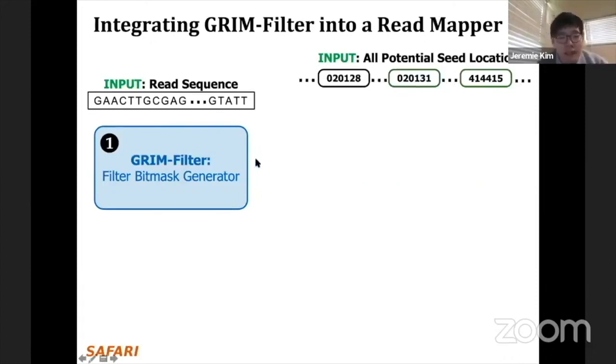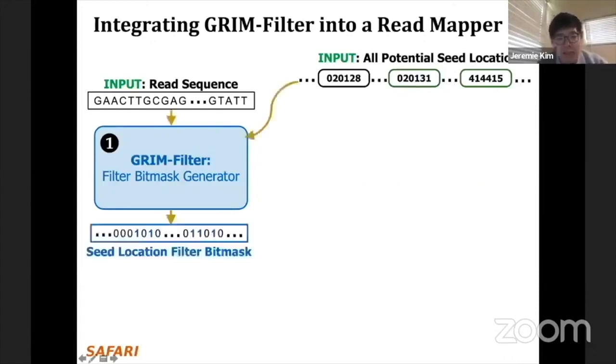And it feeds it to the GrimFilter, which essentially calculates the potential existence of that read sequence within every single bin of the potential seed locations. And so it'll spit out a seed location filter bit mask where 1 indicates, yes, you have to check this bin for existence, and 0 indicates, no, it's definitely not there because there weren't enough tokens.